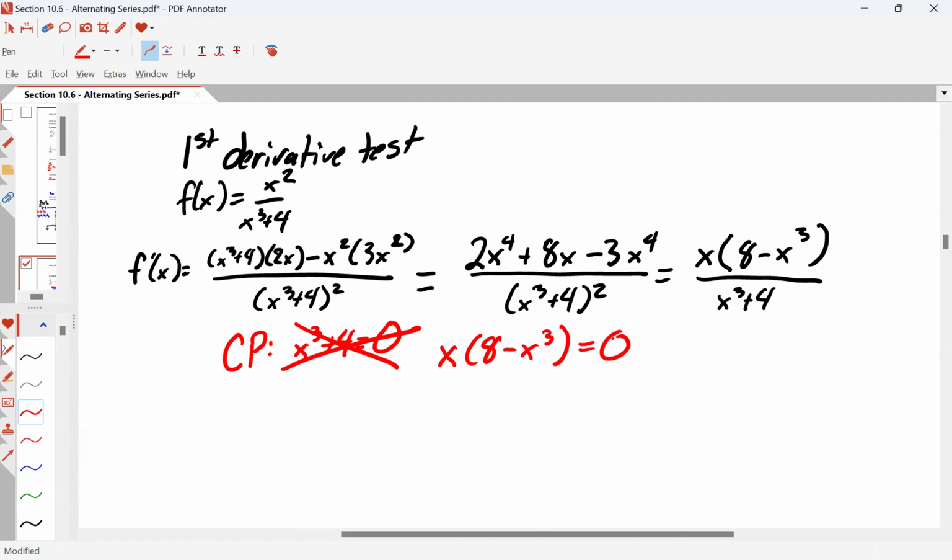Well, these happen when x equals 0 or when 8 equals x cubed. The cube root of 8 is 2.